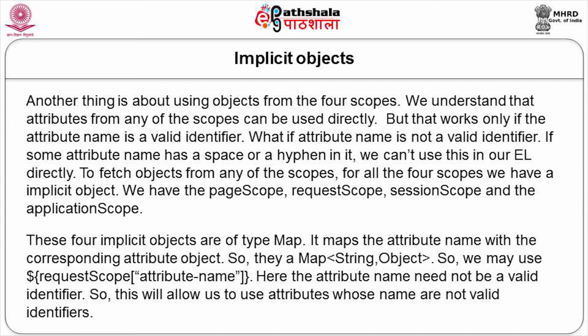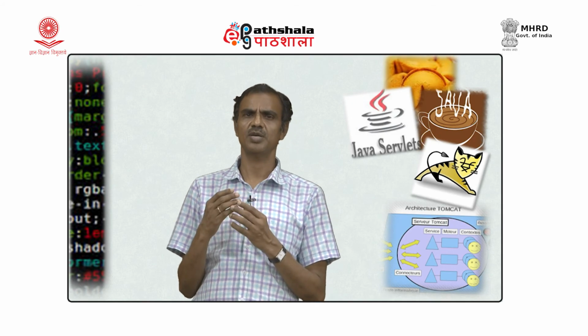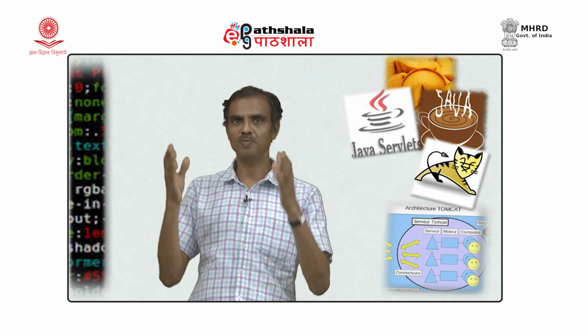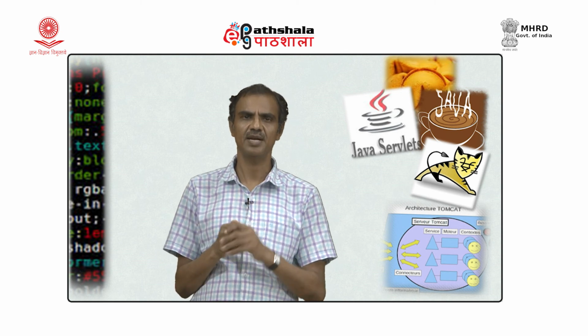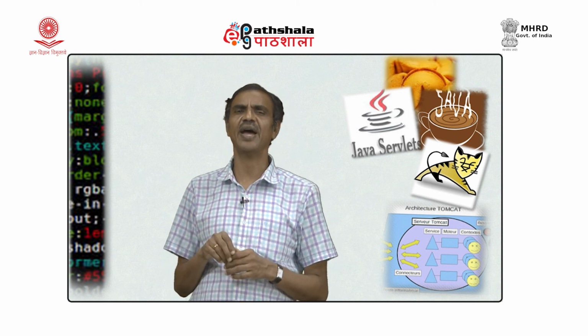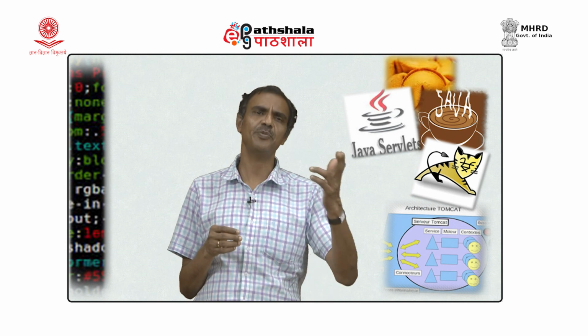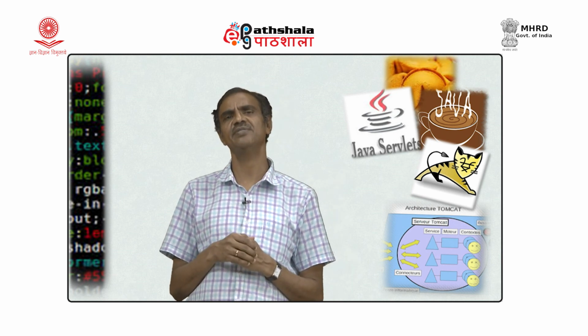Now, another thing. I had mentioned, when I talked about using objects from the scopes, that any of those 4 scopes' objects can be used directly with dollar braces, but it has to be an identifier. What if the attribute name is not a valid identifier?